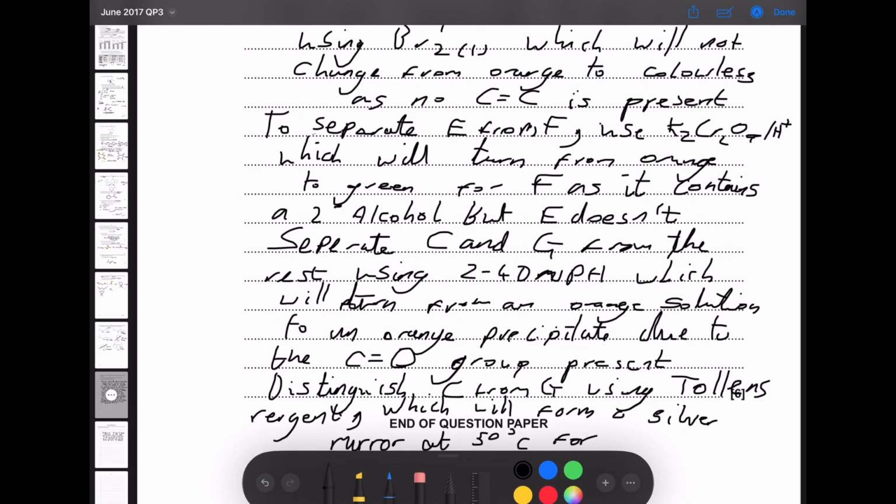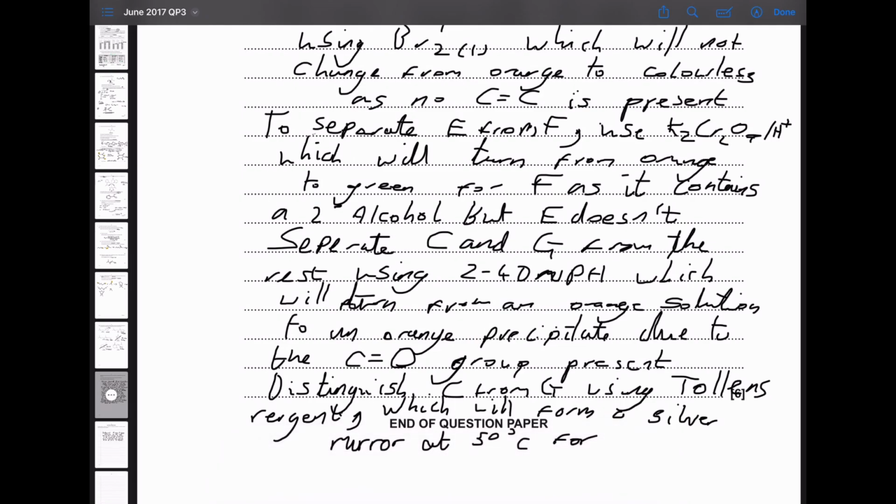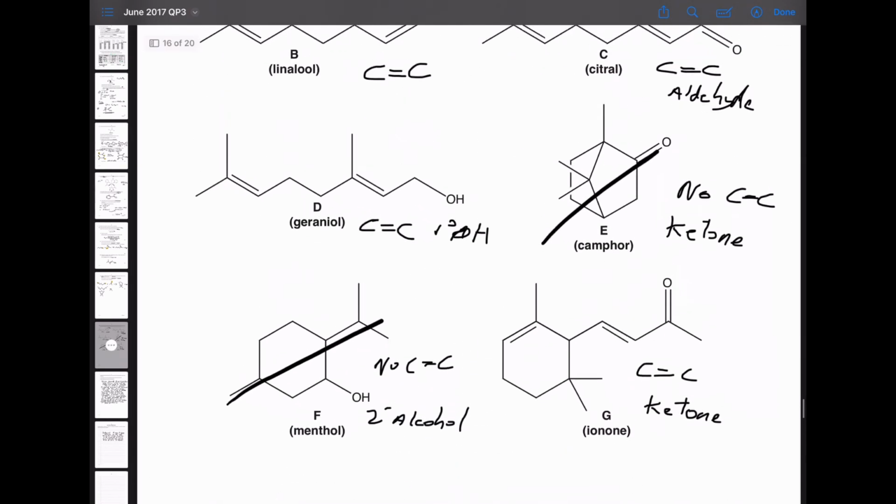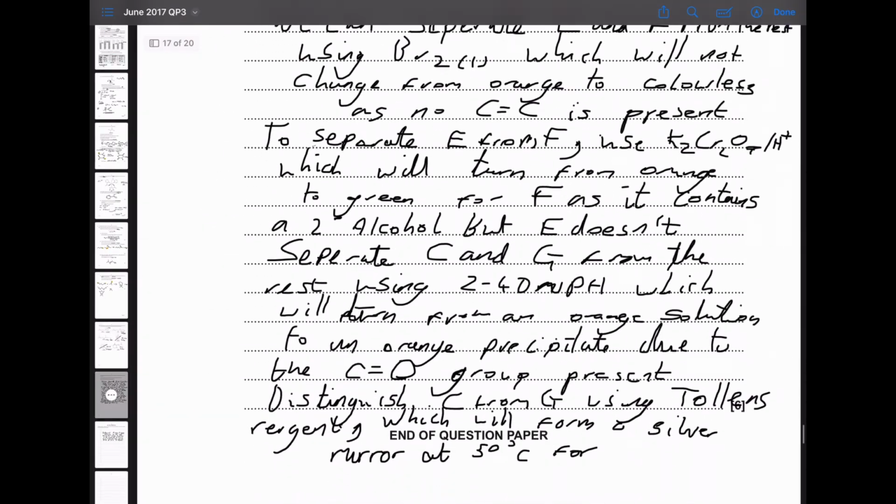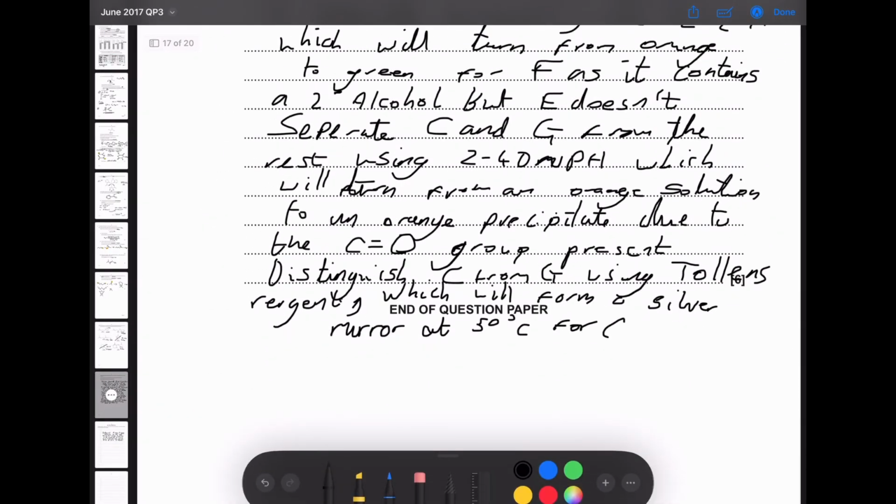Which one is our aldehyde? C. So a silver mirror for C, but not for G, as C contains an aldehyde group.